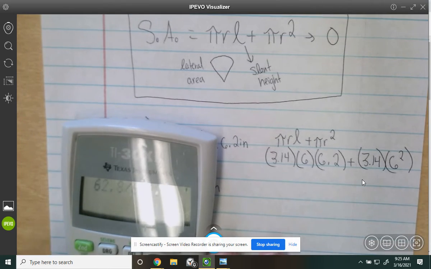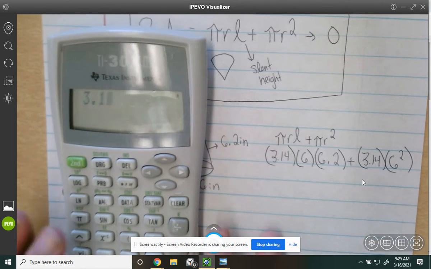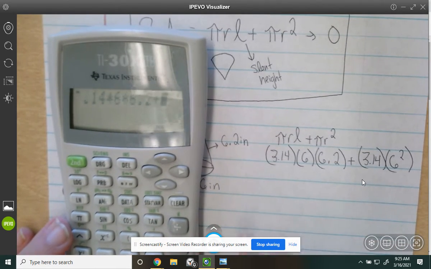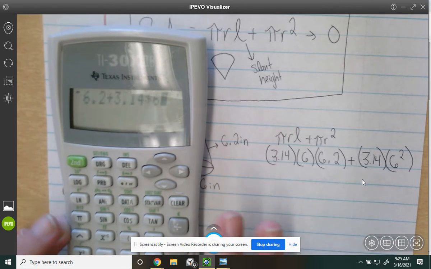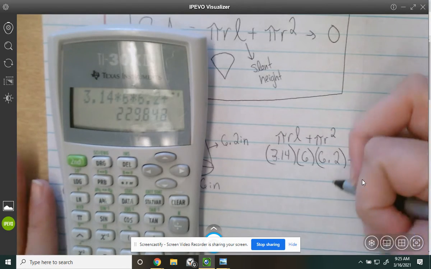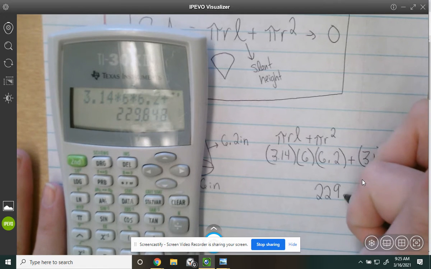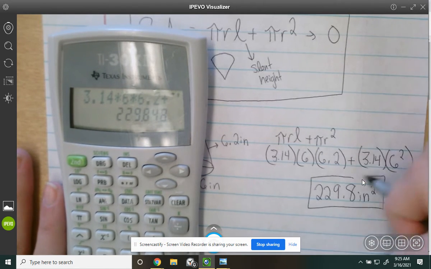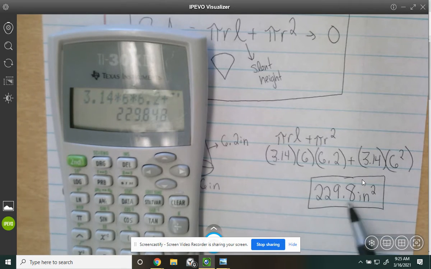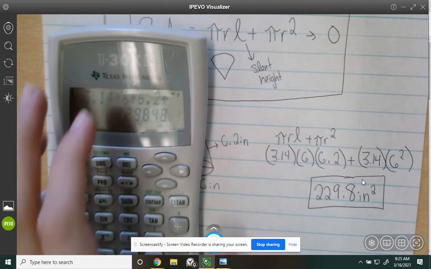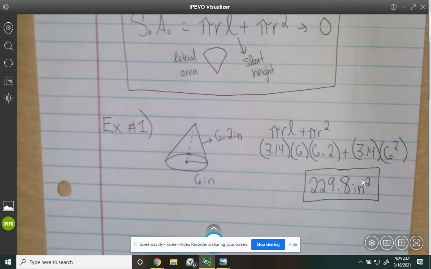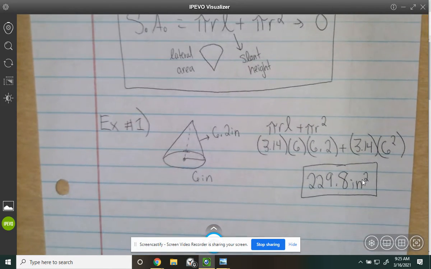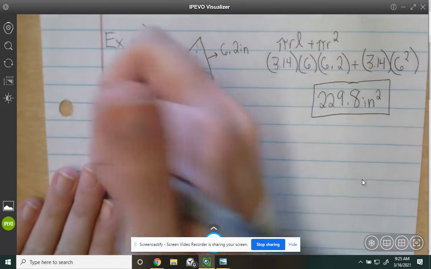So if I type this all in, 3.14 times 6 times 6.2 plus 3.14 times 6 squared equals 229.8 inches squared. So do that a couple times till you get that in your calculator. And that's it today. Really nothing different from yesterday, just a different formula. So let's look at another one.